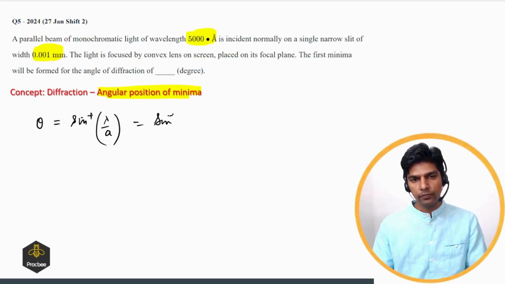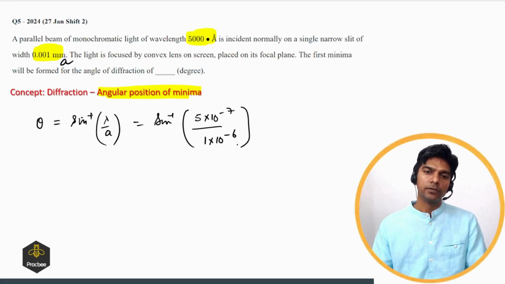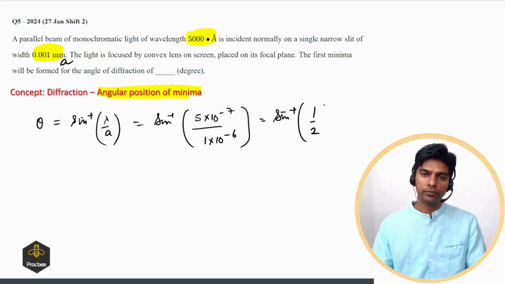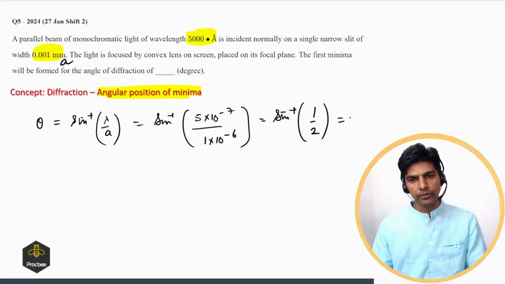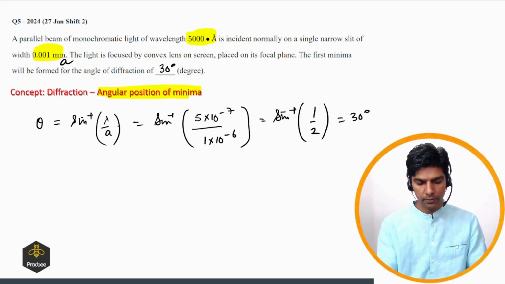So sine inverse, lambda is 5 into 10 raised to power minus 7, and the width of the slit is 1 into 10 raised to power minus 6. Okay, right. They are comparable, right? So it comes out to be sine inverse 1 by 2. Sine inverse 1 by 2 is 30 degrees. So the answer will be 30 degrees.